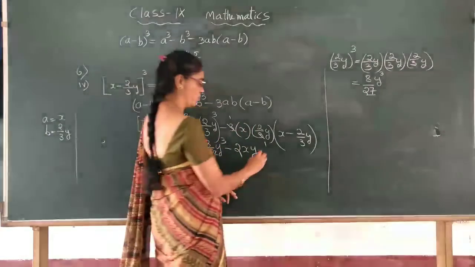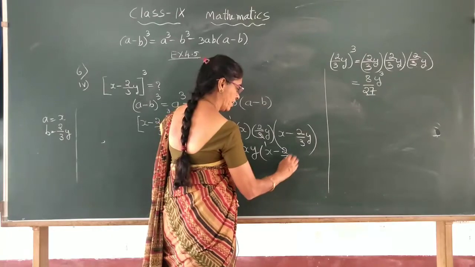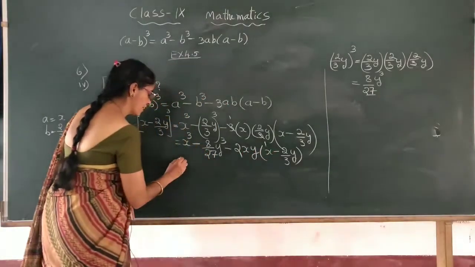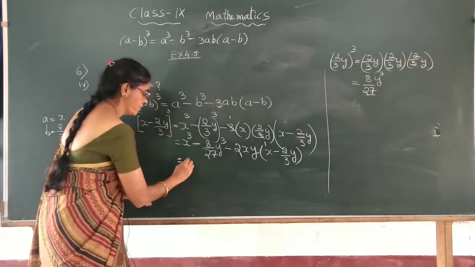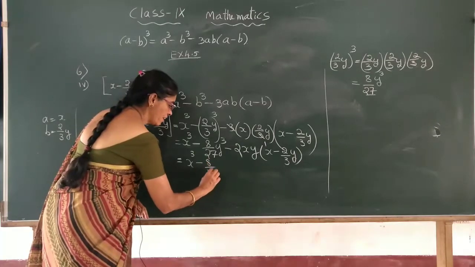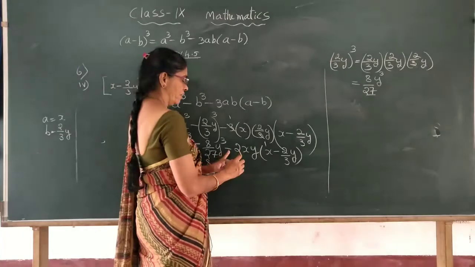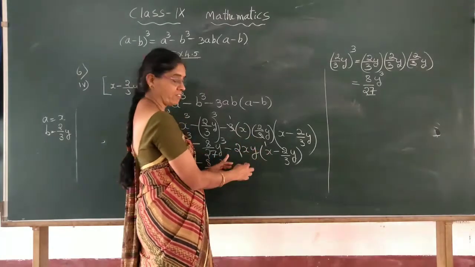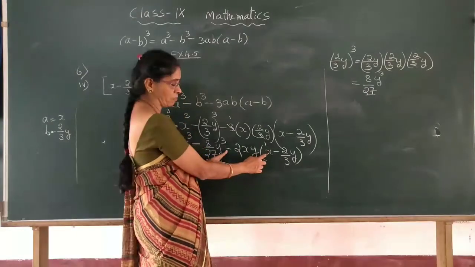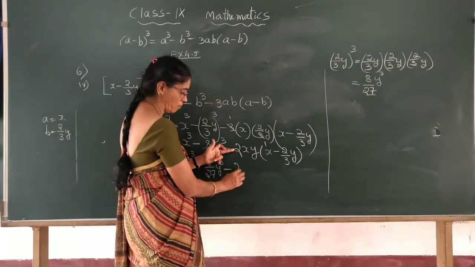Understood? Now the bracket, write as it is, (x minus 2 by 3 y). Now open the bracket, because we can still simplify. x cube as it is minus 8 by 27 y cube. Now the first minus sign comes, with the first term, then a plus sign because minus into minus is plus. Only one arithmetic number 2 is there.